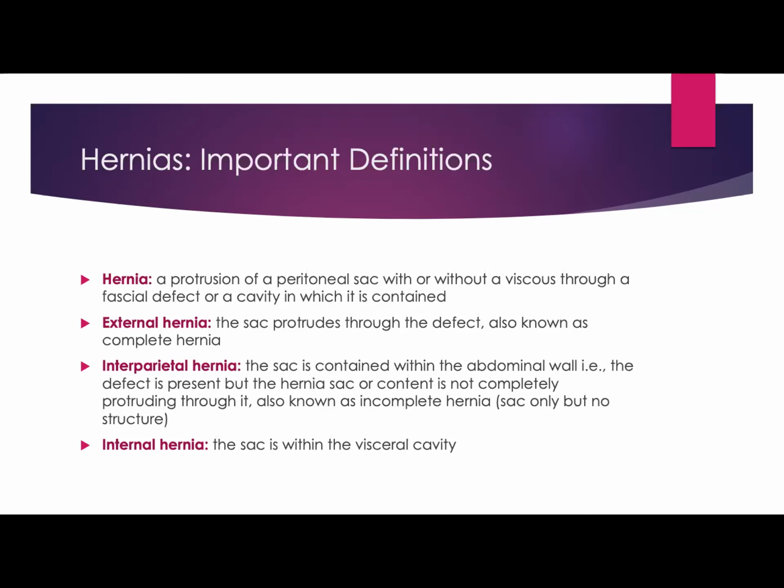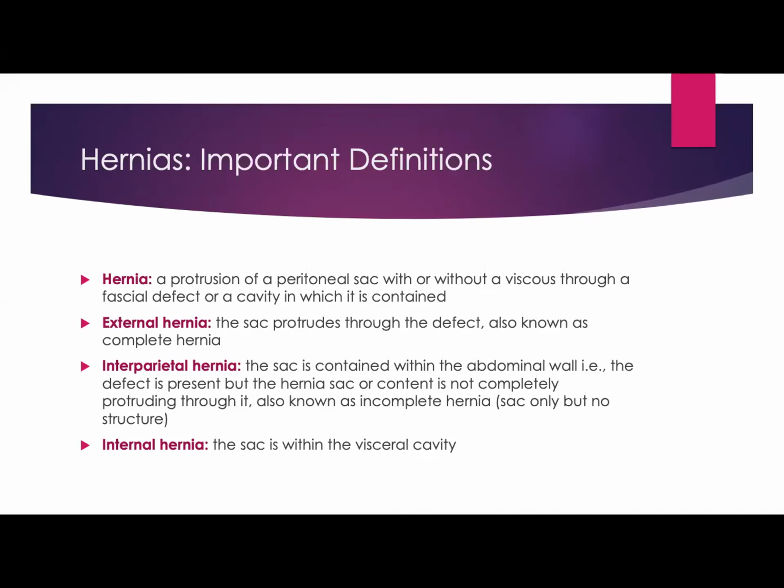So if there is a defect, and the sac passes through that defect completely, we call it external hernia. However, if the defect is there, but the sac is not passing through that defect, we call it interparietal hernia.